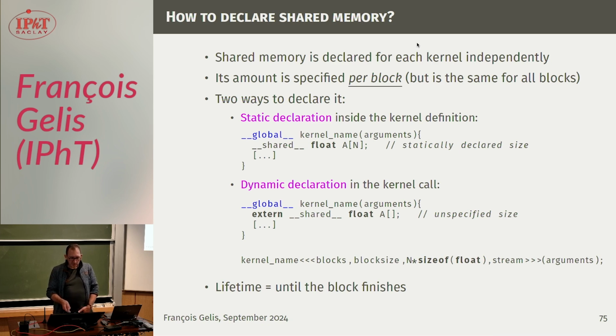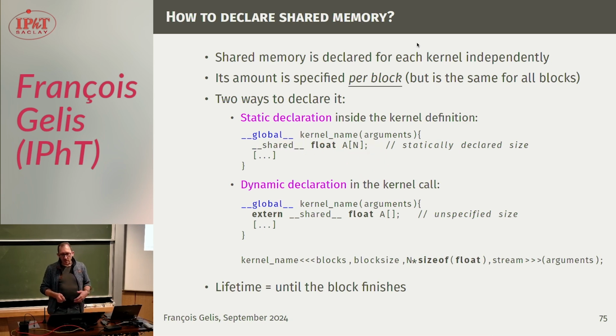And somewhere else is, in fact, when you call the kernel, so this is the kernel call. Now you have to specify this third variable. And this third variable is the size of the shared memory you're going to request per block for this kernel. So here I put n times sizeof(float), which effectively achieves the same thing as a static declaration.